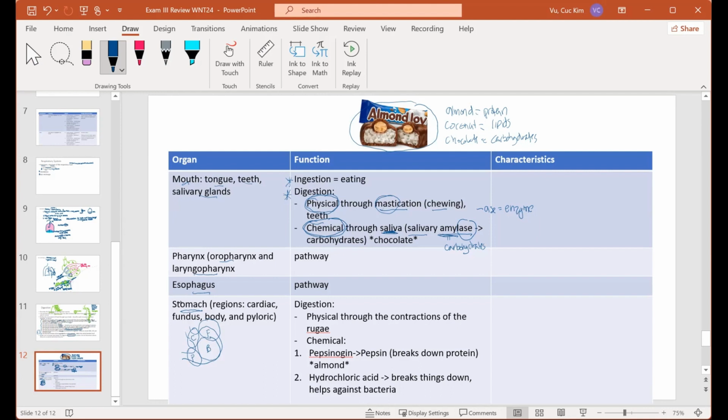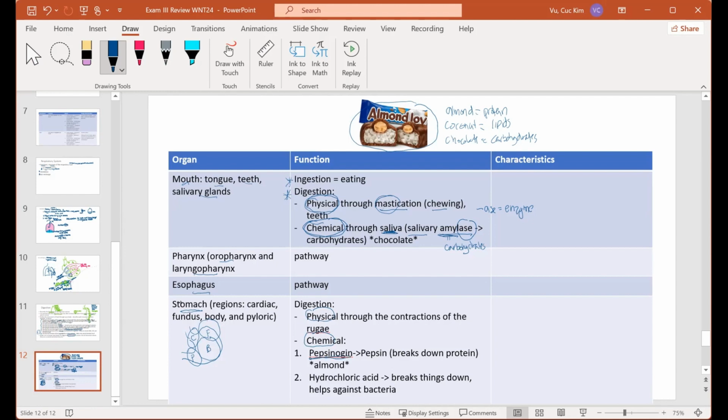Now, the stomach is going to allow for the physical breakdown, through the churning that happens with the contractions of the stomach, but mostly we focus on the chemical breakdown. In the stomach, it produces a substance called pepsinogen.